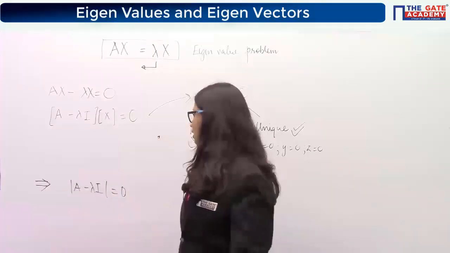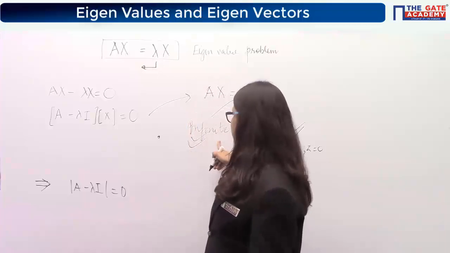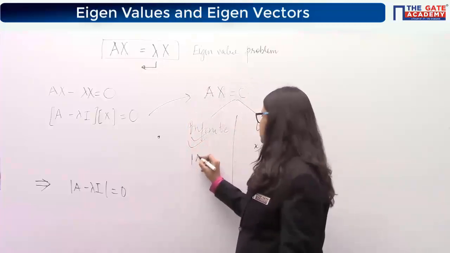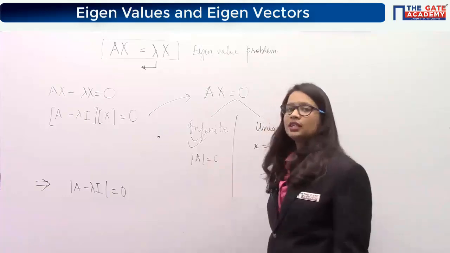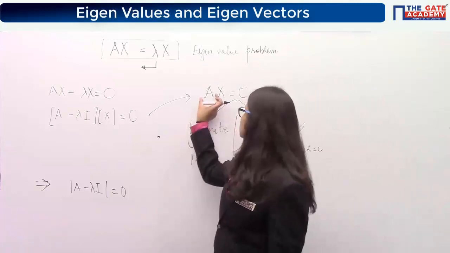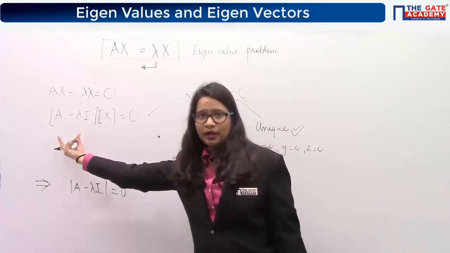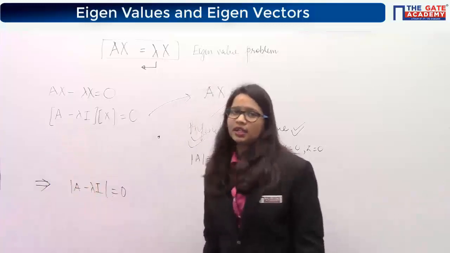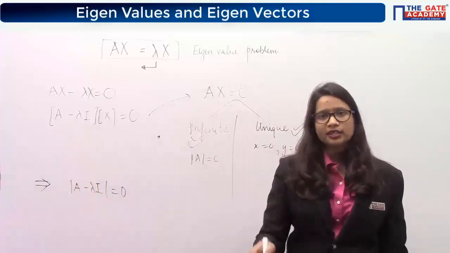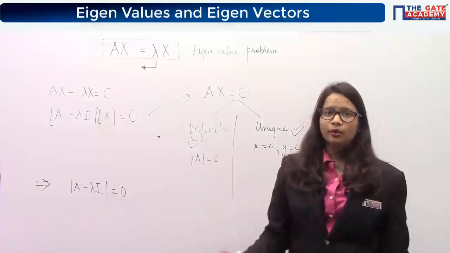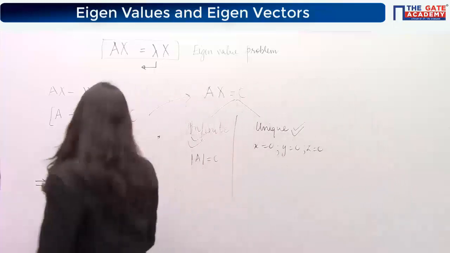That is the reason I'm saying that it has infinite solutions, and we have seen that for infinite solutions the determinant value is 0. In this case, the matrix corresponds to A minus lambda I. That's why I said that the determinant of A minus lambda I will be 0. Understood or not? Understood?